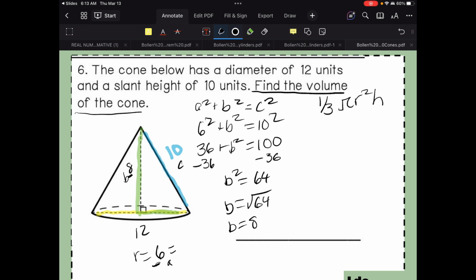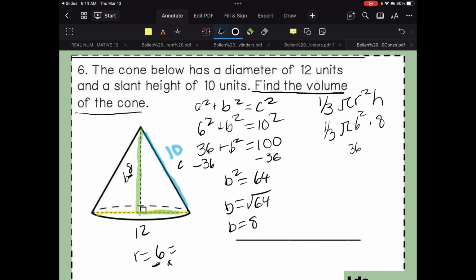When we fill that formula out, we have 1/3 times pi times 6 squared times 8.